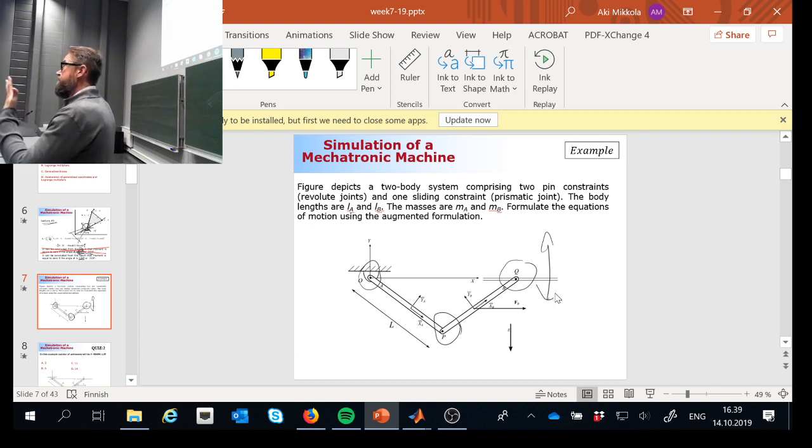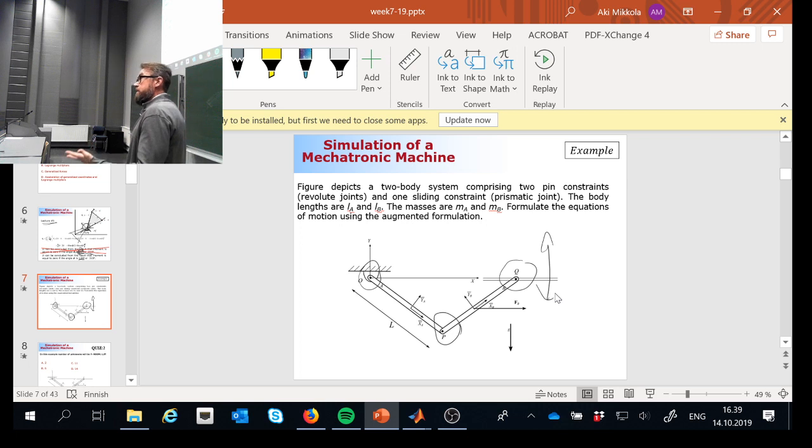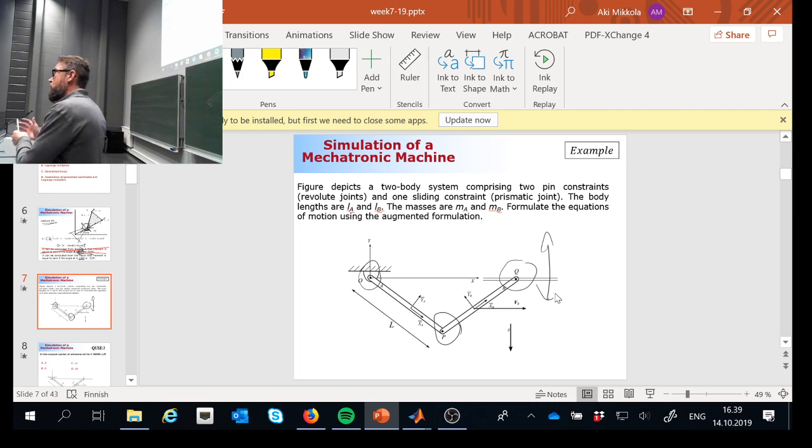That's the 5th, so a total of 5 constraint equations. What's the number of unknowns in this case? All the unknowns. So it's 6 plus 5, that's 11 unknowns, because 6 generalized coordinates and 5 constraint equations. Each of the constraint equations must have a corresponding Lagrange multiplier. That's where the number is coming from.